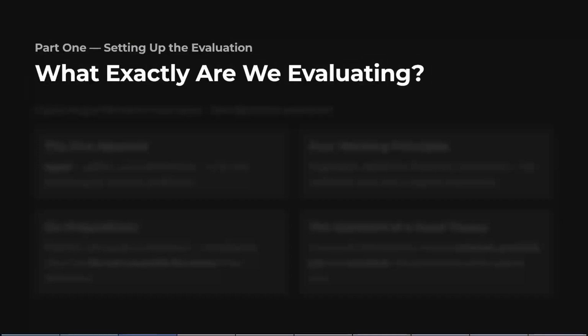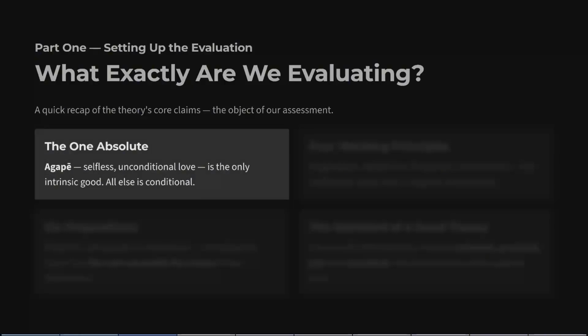So before you can evaluate a theory, you need to know precisely what it is claiming. A common essay error is evaluating a version of situation ethics that is simpler than Fletcher's actual position, and then the objections miss their target. So let us be precise about what we are actually assessing. Situation ethics claims that agapē, unconditional, willed, selfless goodwill directed equally at all persons, is the only absolute moral principle.